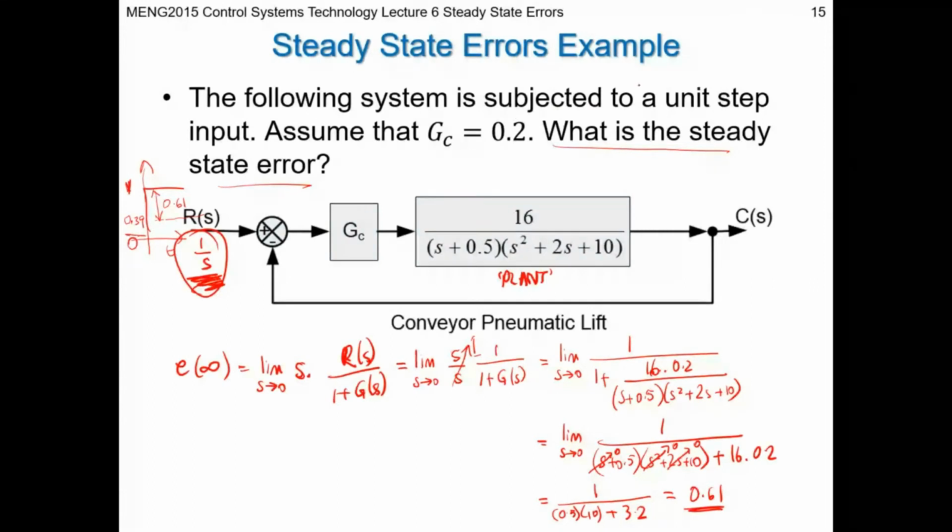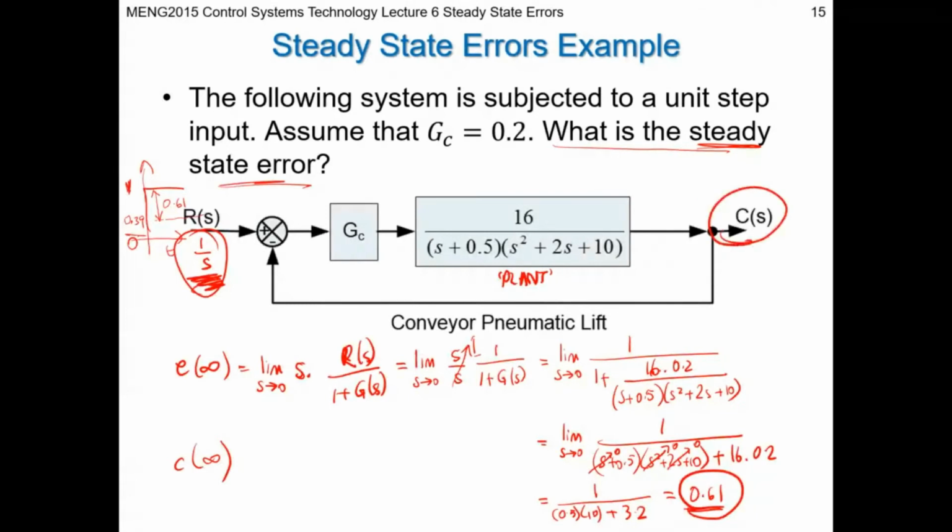So the question asks us for our steady state error, and this is our steady state error, 0.61. But we could also ask, what's the final value of our output as time goes to infinity? The final value of the output is going to be 0.39, which is 1, the input, minus the error.